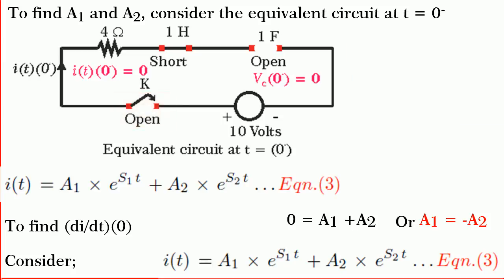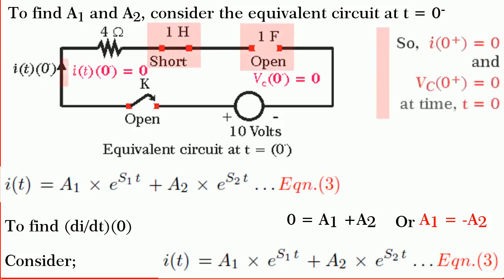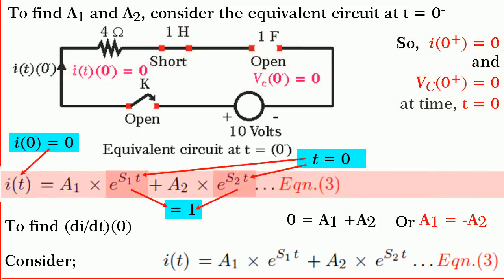Hence, at t equal to 0 minus, L is short and C is open. Therefore, i(0) equal to 0 and Vc(0) equal to 0. If we substitute i(0) equal to 0 at time t equal to 0 in equation 3, we get 0 equal to a1 plus a2, or a1 equal to minus a2.